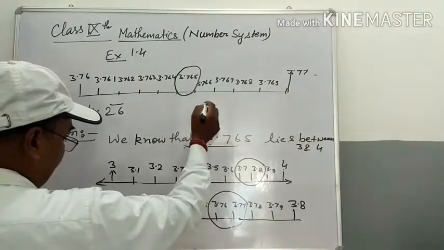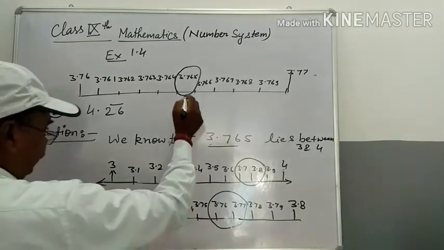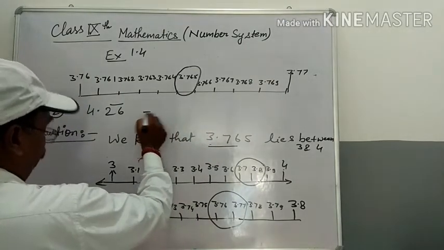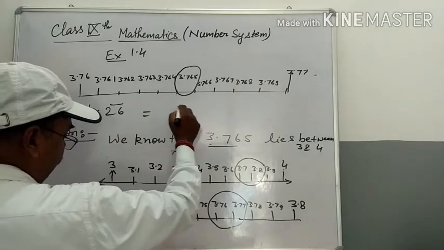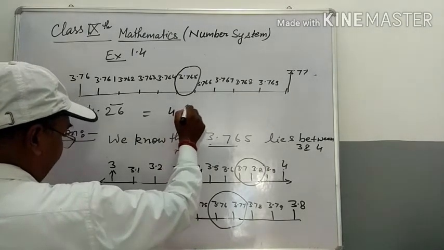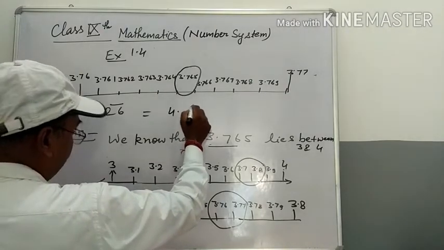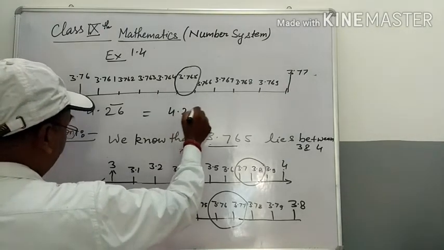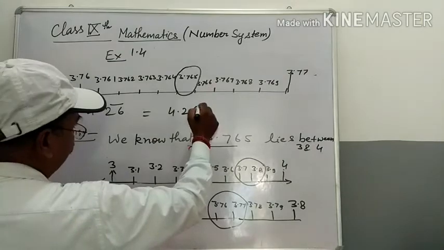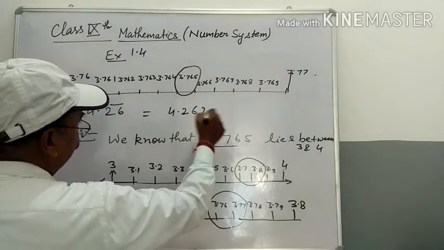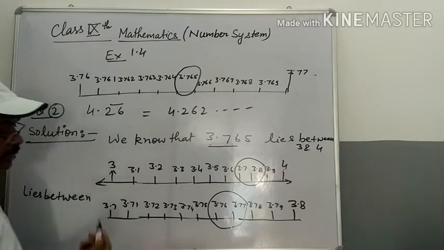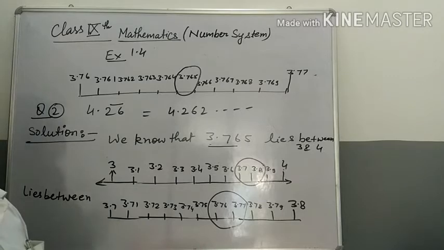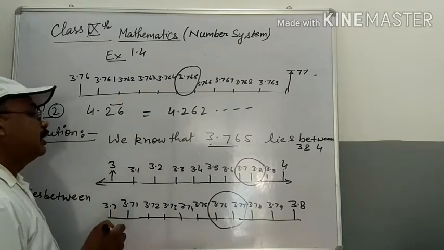Students, 4 decimal places means you can write 4.26 out to just 4 digits. You can visualize it yourself. If any problem arises, you can ask me.